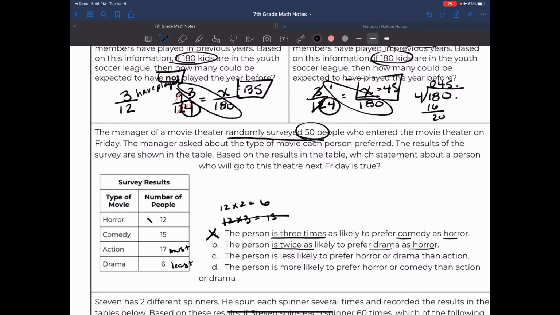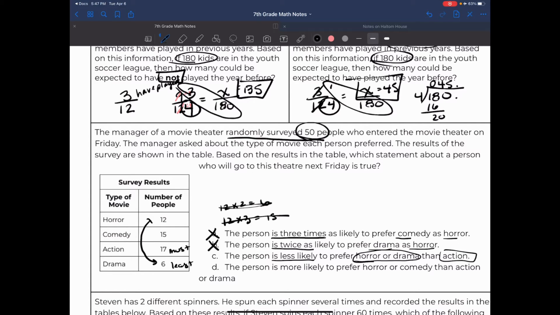If these two numbers were switched, if horror was 6 and drama was 12, then yeah, that statement would be true. They're trying to trick you here. They are half as likely to prefer drama as horror, not twice as likely. So, nope.